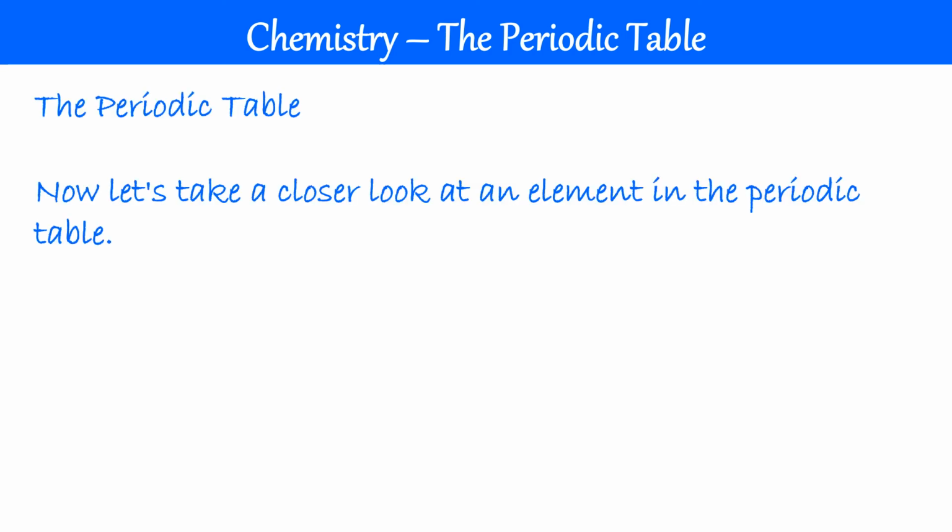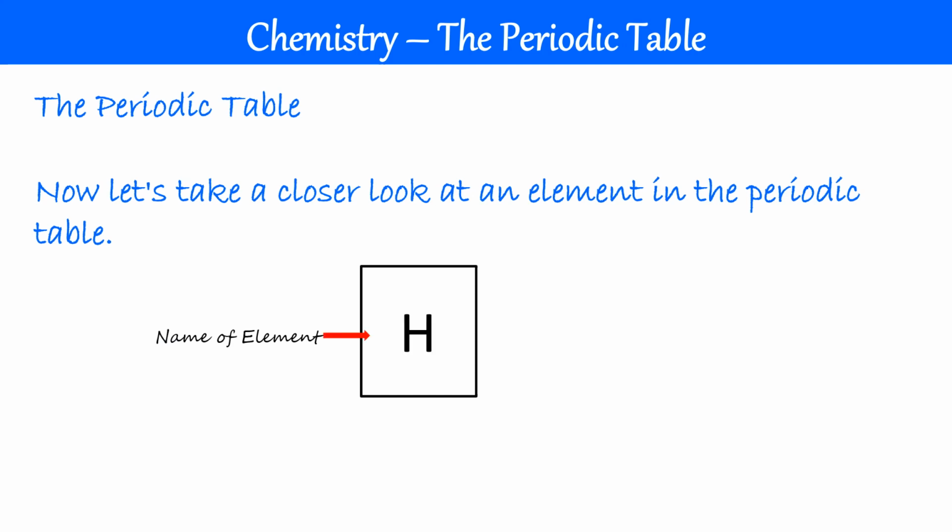Now, let's take a closer look at an element in the periodic table to find some of this information. We start with a square or rectangular box. We will be given the name of the element using a capital letter. Sometimes the element has a second letter.